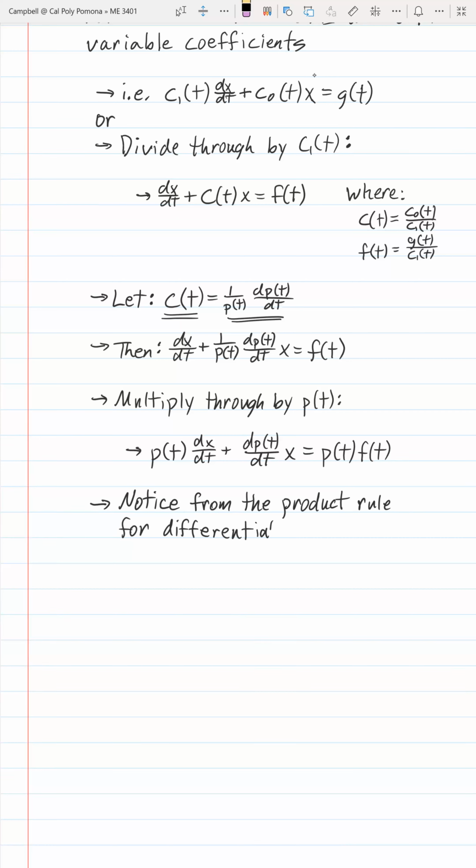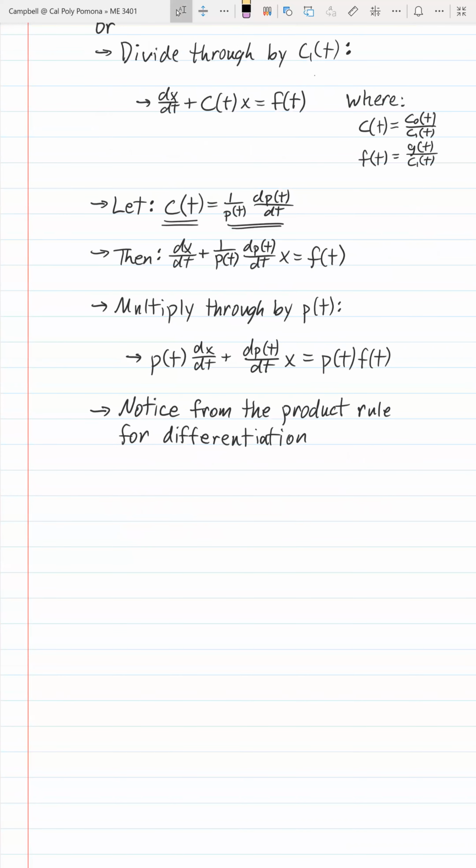Of course, that means we can work with that pretty effectively, because we're really finding the derivative on the left-hand side. We're not finding two different derivatives and multiplying them in two different terms. We really only have a single derivative and a single term, which is the product of p of t times x. So we have d/dt of p times x.